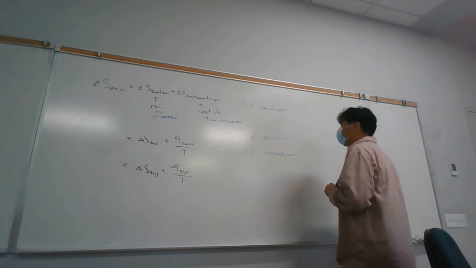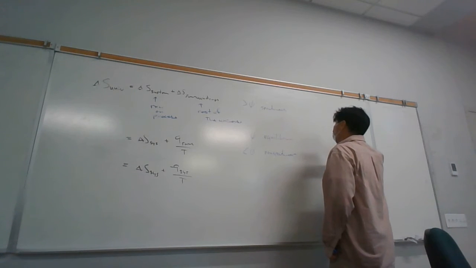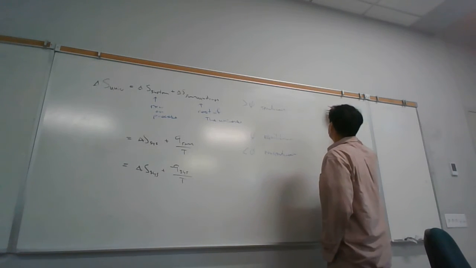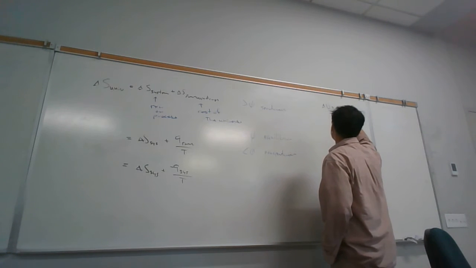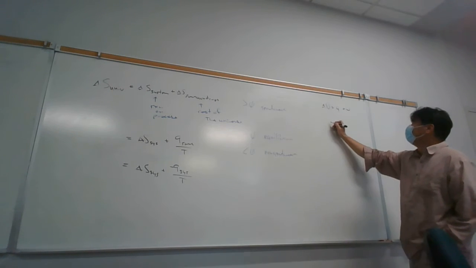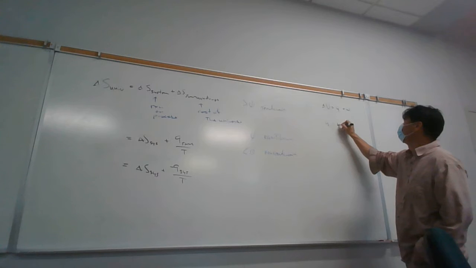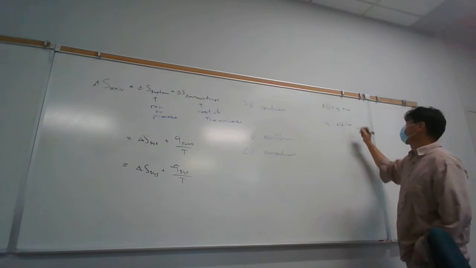These are the restrictions we make. We know that delta U, the change in internal energy, is equal to Q plus W. And Q is going to equal delta U minus W here.